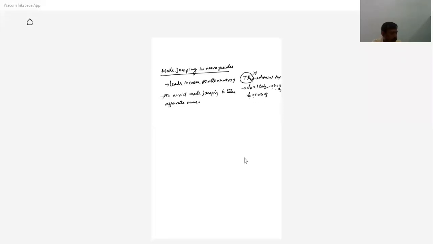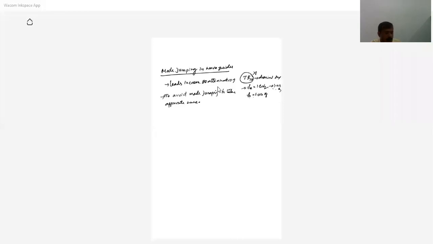Then we have the other two topics in our case: the reentrant cavity and microstrip lines, and another transmission line, micro integrated circuits.